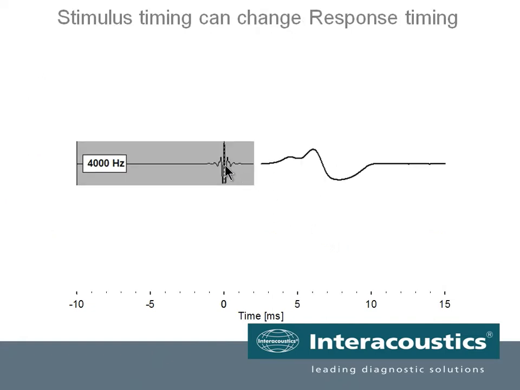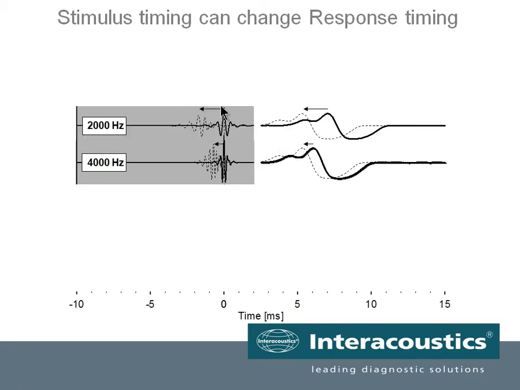Because if we try to look just at this particular component of the stimulus and its response, then it is clear that if we move the point in time on the time scale where we present our stimulus, then of course the response would move to the exact same degree.